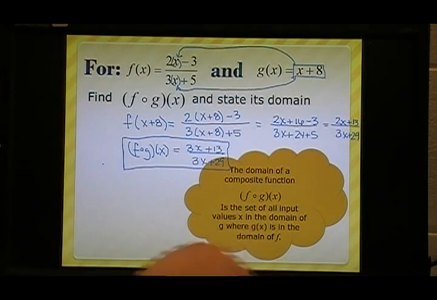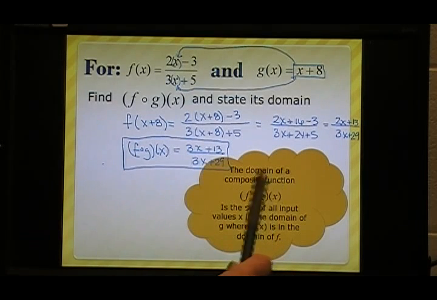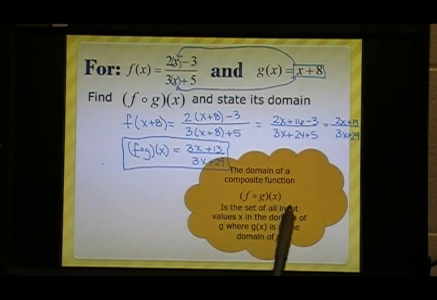So, coming back to this, it says here, and it goes along with what I was just saying, that the domain of a composite function, f of g of x, is the set of all input values of x in the domain of g, where g of x is in the domain of f. Or, all values x such that g of x can be substituted into f and the corresponding output would be a real number.